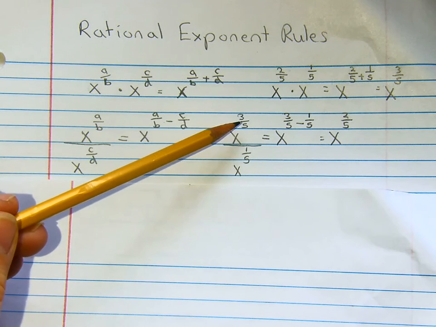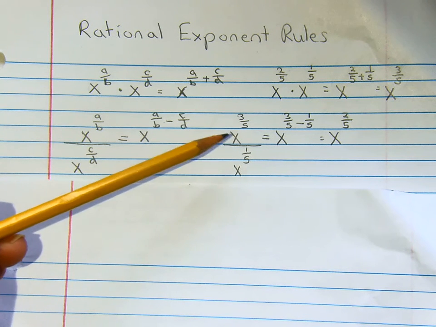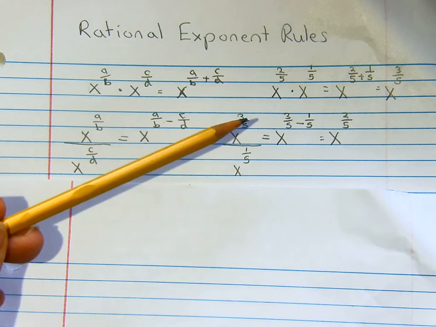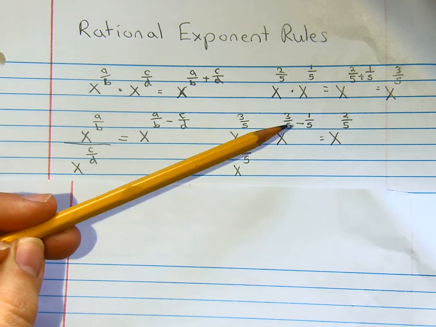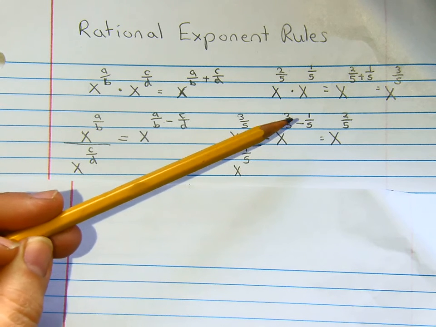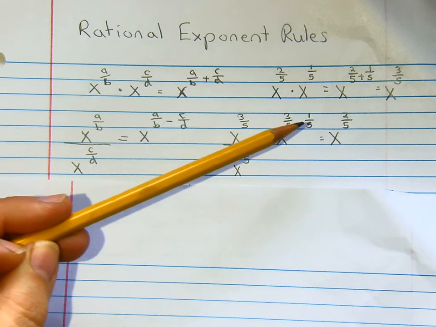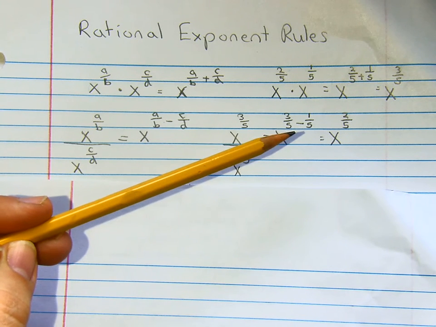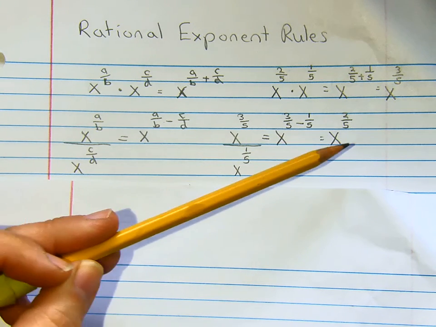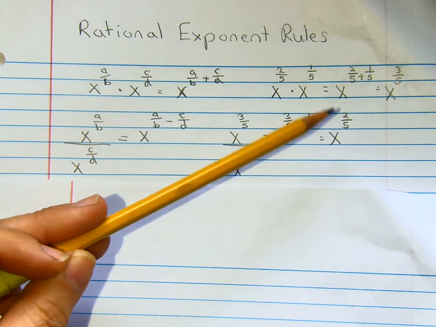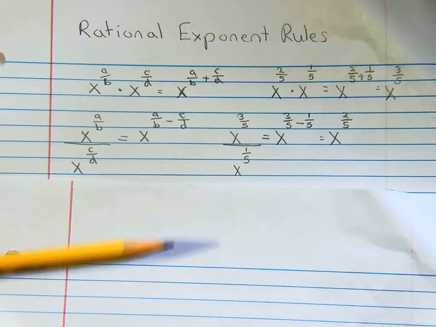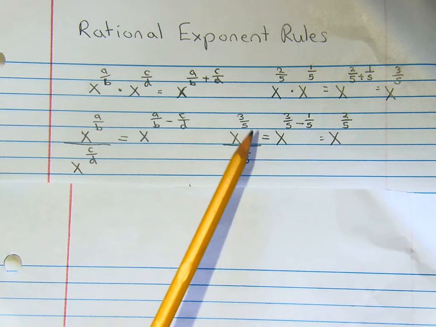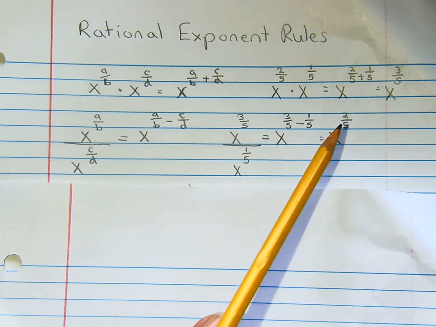So if this is 3/5 divided by the 1/5 exponent, technically all I'm doing is subtracting them. The rule for exponents doesn't change. So 3/5 minus 1/5 is 2/5. That is my answer. Just like that. So all of this simplifies down to that.